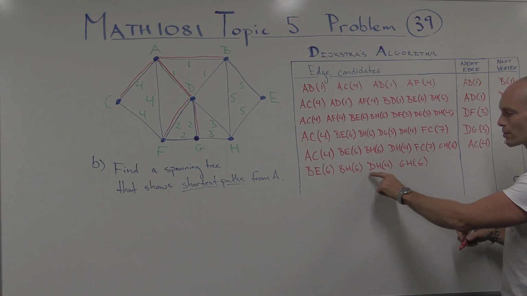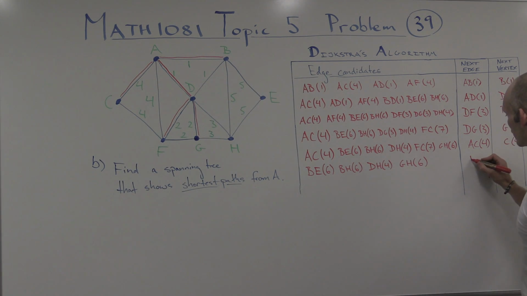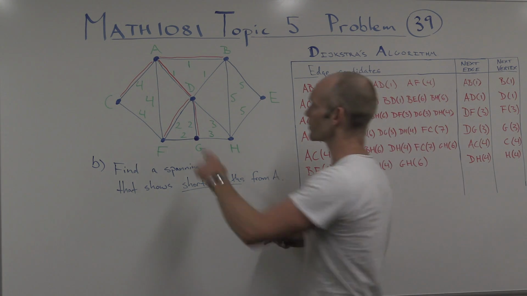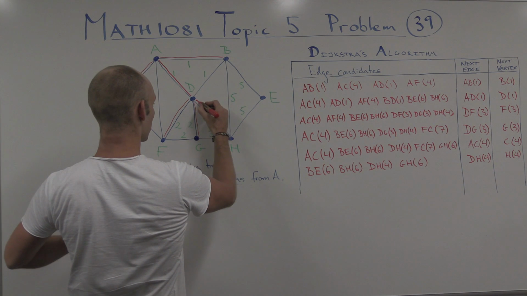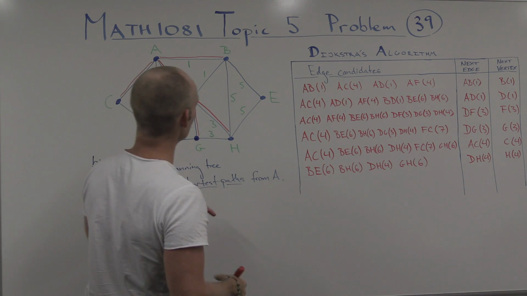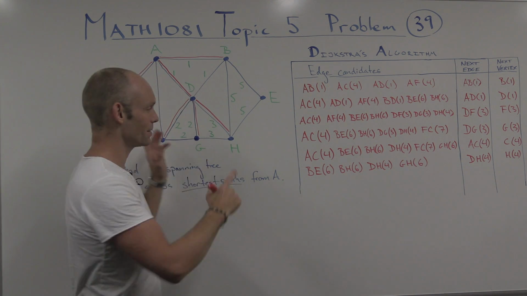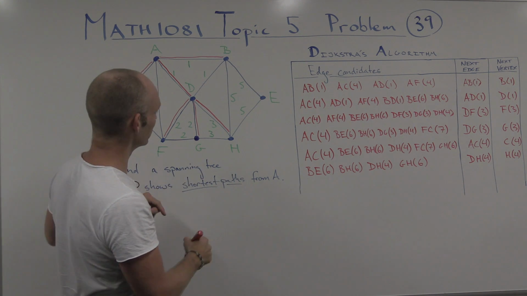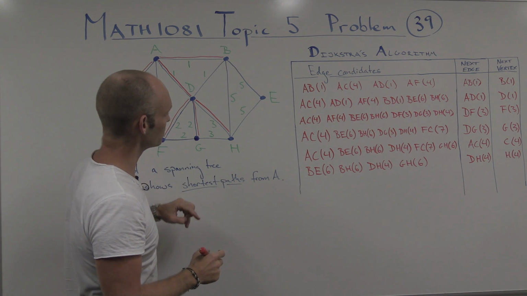Here we only have one choice. We have to add the edge D to H, and that gives us a path length 4 if we want to get from A to H. Here we go. Now we're at the final step, and we can almost not add any more edges.